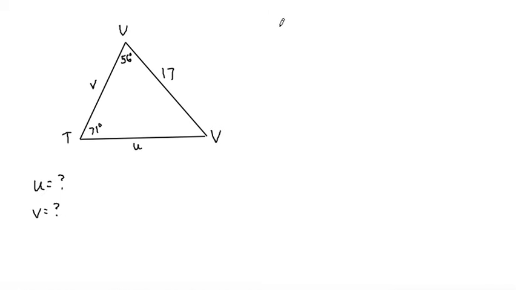So the sine law says that the sine of angle A over side length A is equal to the sine of angle B over side length B, where little a and big A are opposite angles and side lengths.